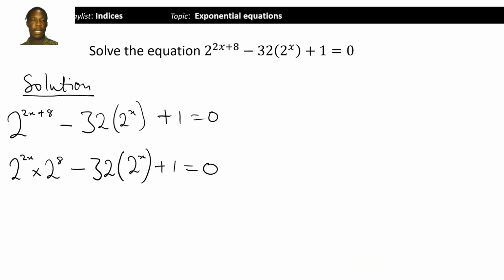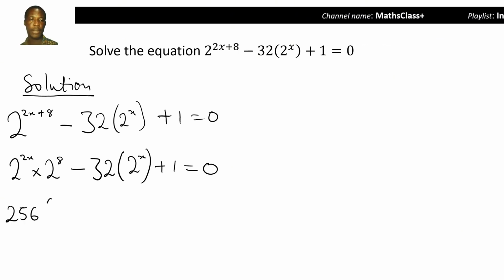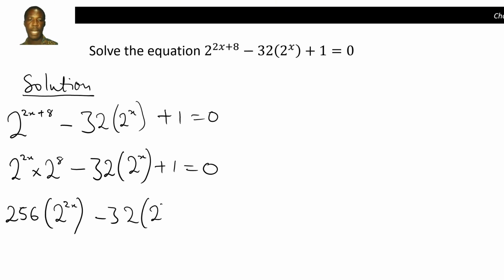Okay, now for the first term, you can write 2 to the power 8, or I can even write the value directly, 256 multiplying 2 to the power 2x minus 32 times 2 to the power x plus 1 is equal to 0. And 2 to the power 2x can be rewritten as (2 to the power x) squared.